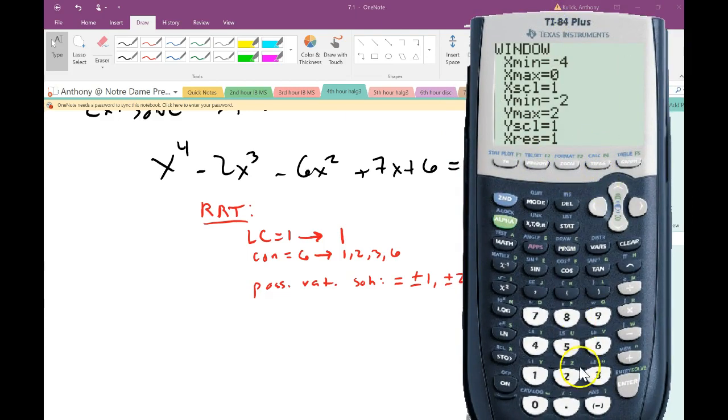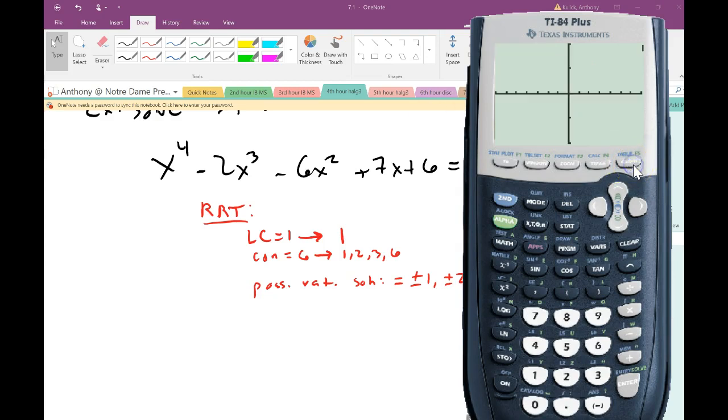Then I'm going to go to my window. My smallest possible x-intercept or zero or solution or factor was negative 6, so a little smaller than that is negative 7. The biggest one was positive 6, so I'll pick positive 7. And then I'll just keep this negative 2 to 2. Again, it doesn't really matter as long as one is negative and one is positive. That's going to be okay for your y's. Let's hit graph and see what's going on.